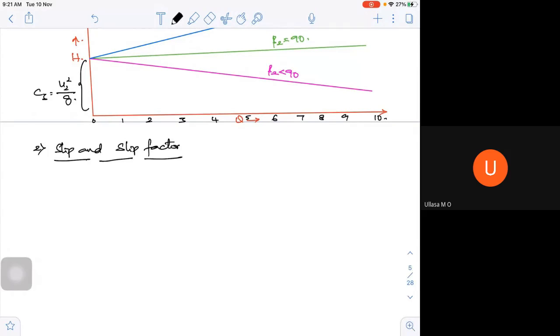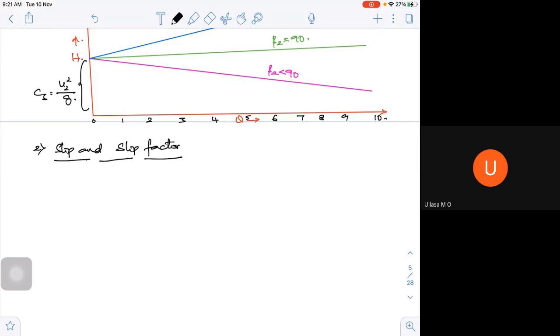Here we most probably involve the slip factor. The slip is nothing but the difference in your whirl velocity. Then your slip factor, that is sigma.